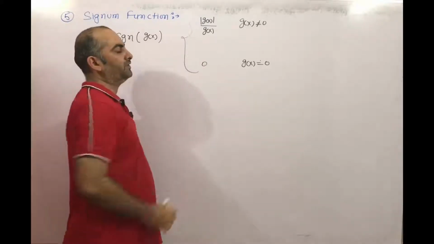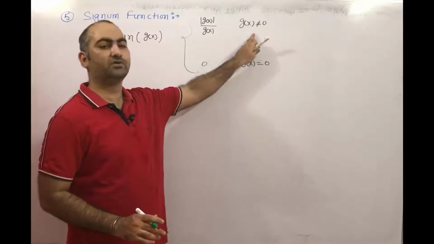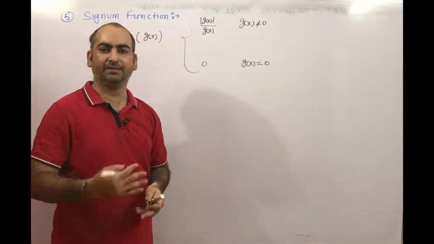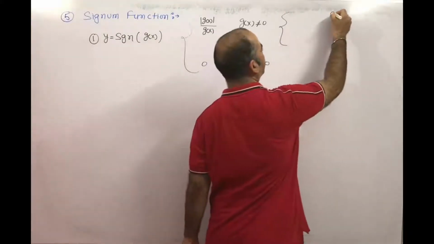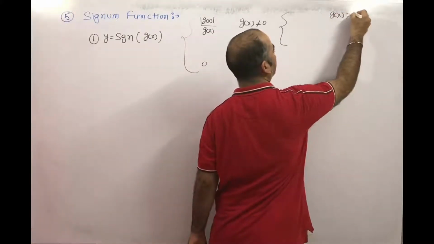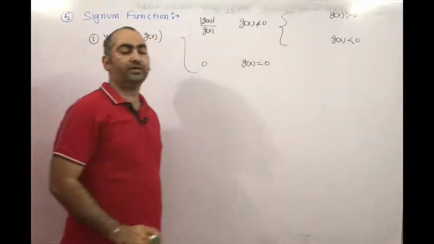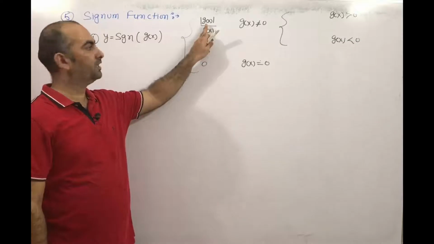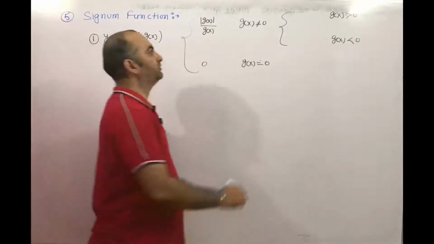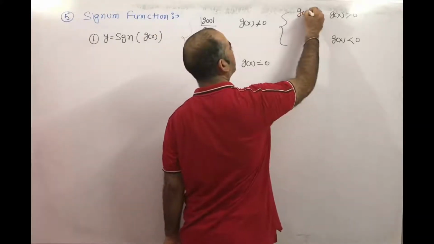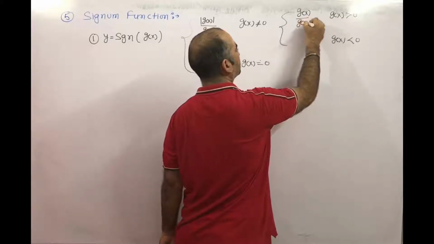And if g(x) is equal to 0, if inside quantity is 0, then we will get 0. Further, this one we can categorize according to positive or negative, because if g(x) is not equal to 0, there are two possibilities, either positive or negative. So g(x) is greater than 0 and g(x) is less than 0. If g(x) is positive, this modulus we can remove, so g(x) by g(x) is 1.